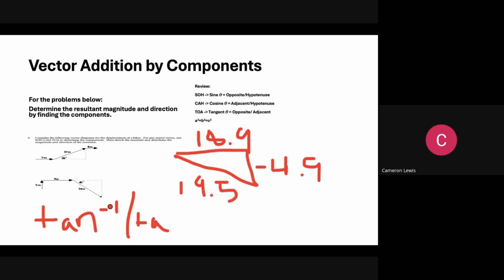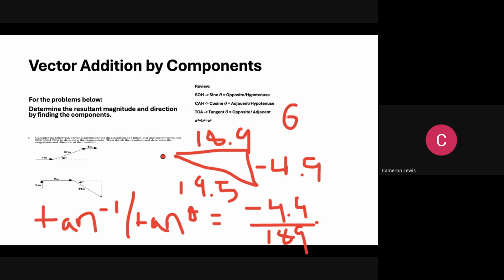I'm just skipping ahead, to be honest with you. But you still want to do tangent of the whole thing, right? Over the ratio of opposite, what angle we're looking at here? Opposite 4.9 over 18.9.